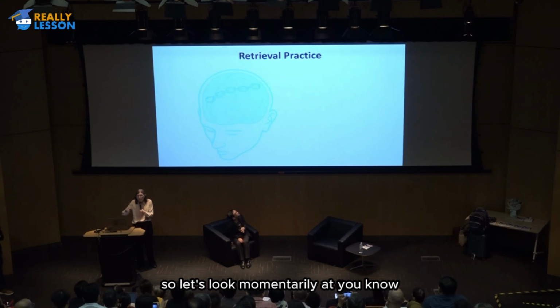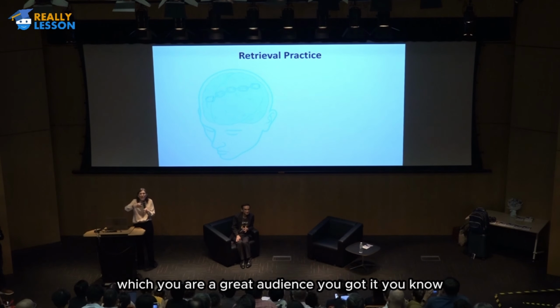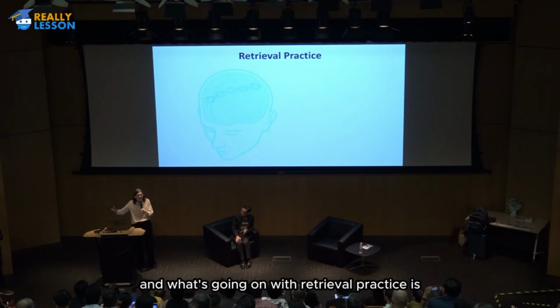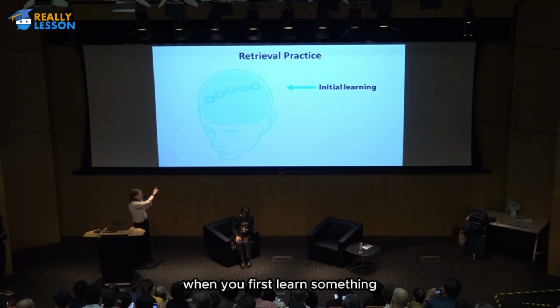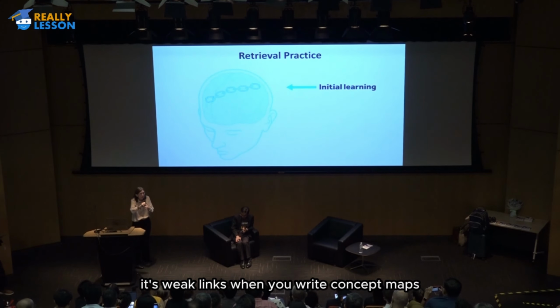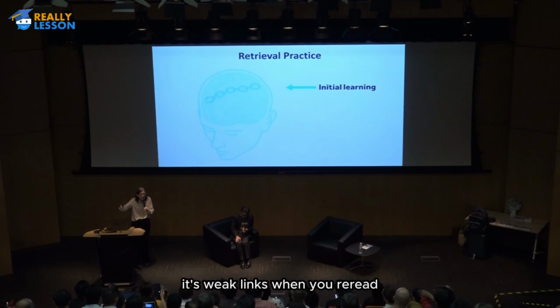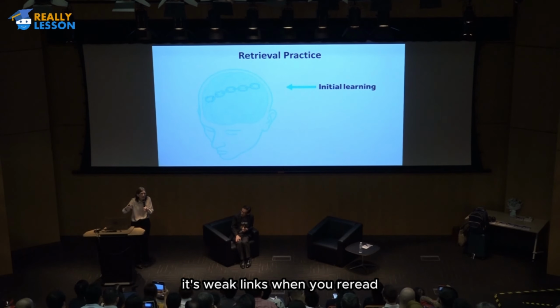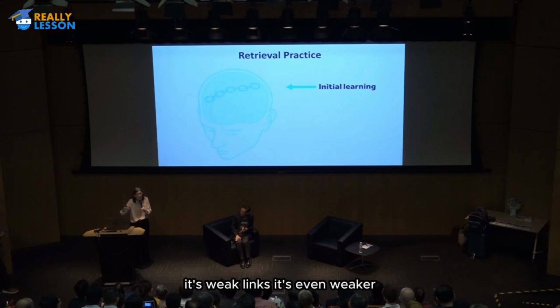So let's look momentarily at retrieval practice, which you are a great audience, you got it. What's going on with retrieval practice is when you first learn something, it's weak links. When you write concept maps, it's weak links. When you reread, it's even weaker.